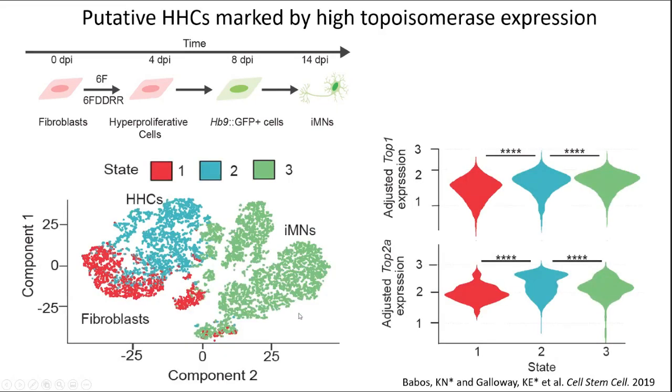Putting them on this landscape, we were able to identify a population of putative HHCs based on their proliferative status. We noticed that they were marked by topoisomerases. Topoisomerases came up as being an interesting hit, and it started to check the boxes for us in terms of thinking about genomic stress.